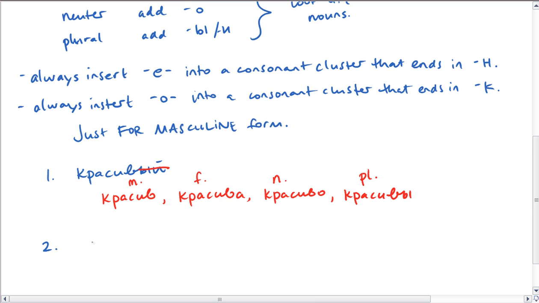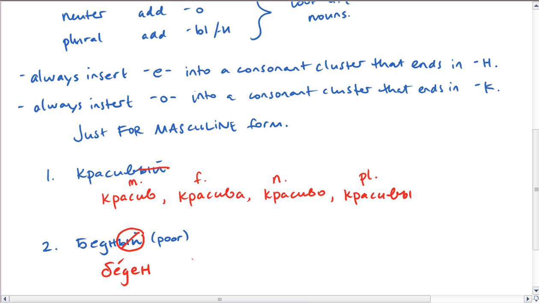If we look at another one, бедный, right? Poor. So first we'll get rid of our adjectival ending. And you'll see that we're left with a consonant cluster. And because the last letter is н, we're going to insert an е for the masculine form. So we'll get беден.